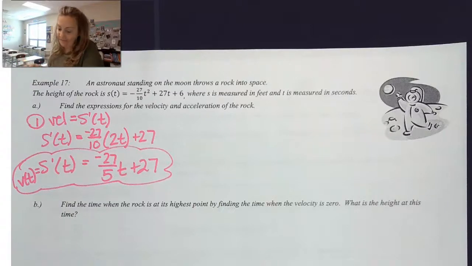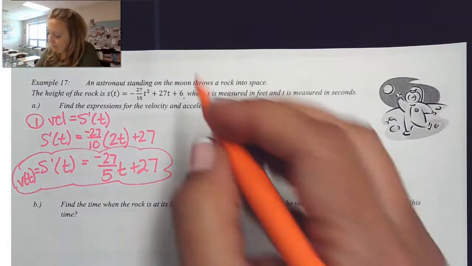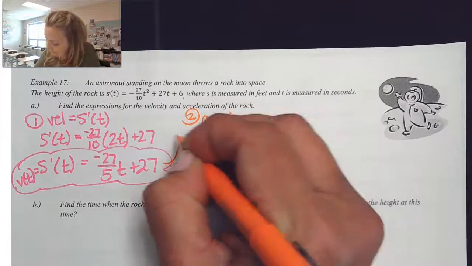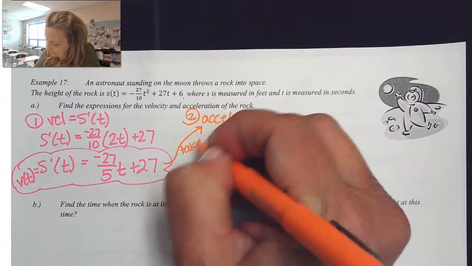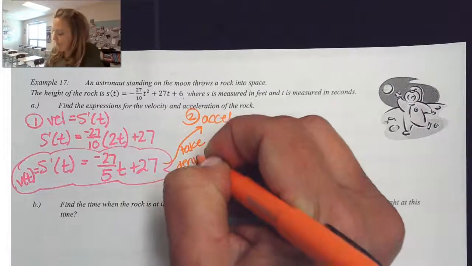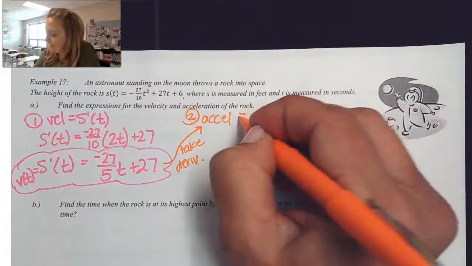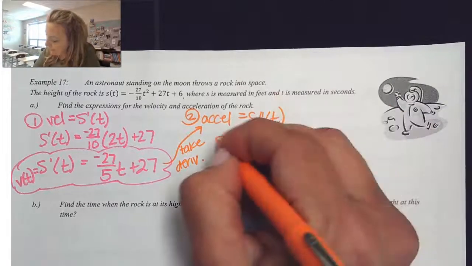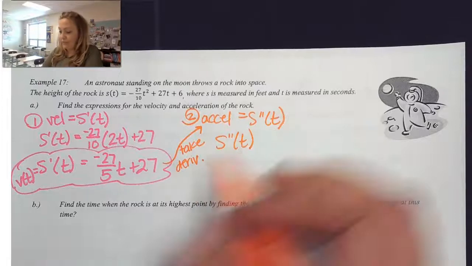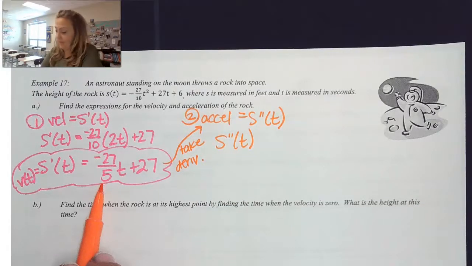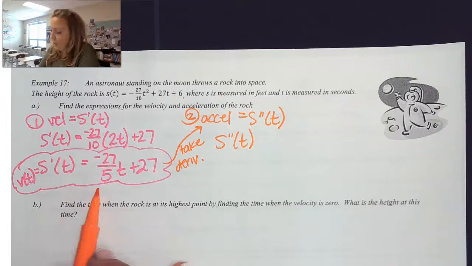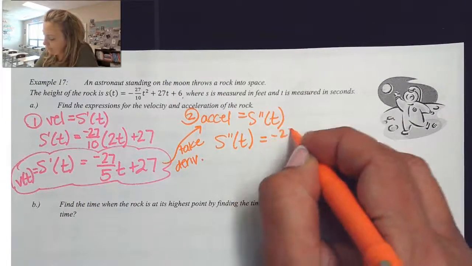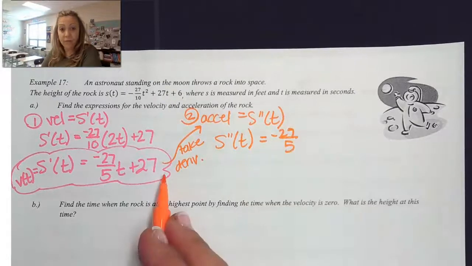And so now we can find the acceleration by taking the derivative. Remember, the acceleration is s double prime of t. And so then s double prime of t is going to be the derivative of the velocity, the derivative of the first derivative. So we would just take negative 27 over 5 and then plus 0.